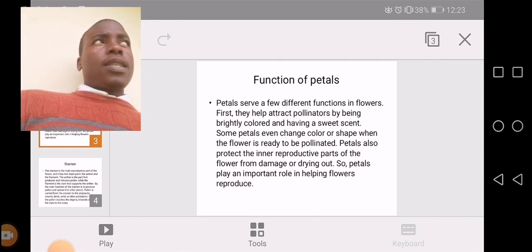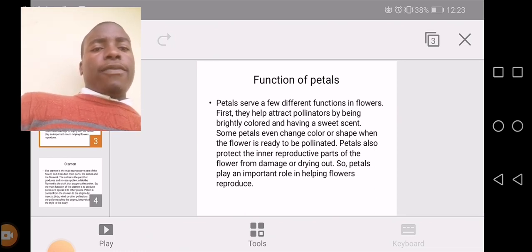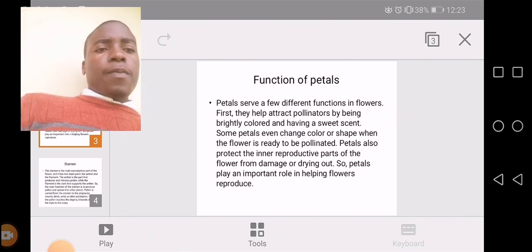They also protect the flower inside so that no wind can go inside, to keep the nectar wet. Petals also protect the inner reproductive parts of the flower from damage or drying out. So petals play an important role in helping flowers to reproduce.